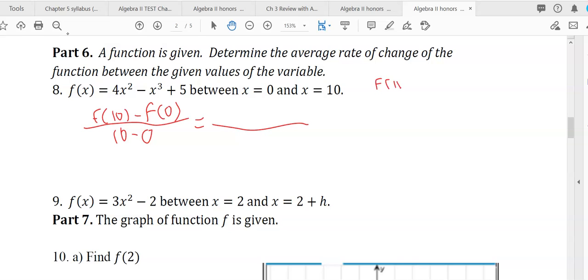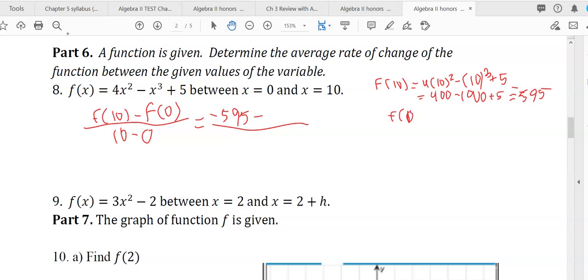That f of 10 would be 4 times 10 squared minus 10 plus 5. So that's 4 times 100 is 400, minus 1,000 plus 5. So it's negative 600 plus 5 is negative 595. So I have negative 595 minus, we're subtracting now, f of 0.